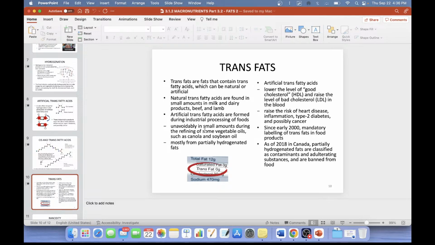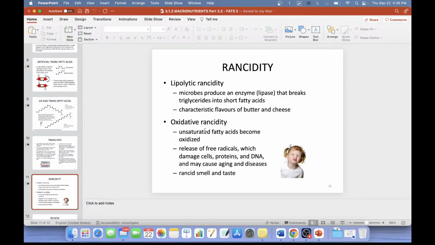Okay, so now let's talk about rancidity. What's rancidity? Rancidity is a breaking down of the fatty acids in fats. There are two types of rancidity. There is lipolytic rancidity, where certain microbes produce an enzyme called lipase that breaks the triglycerides into short fatty acids.